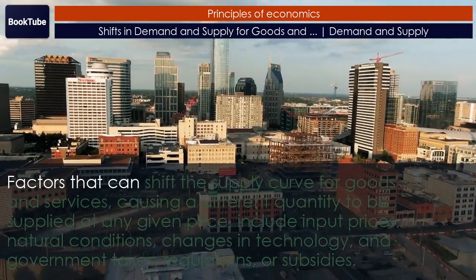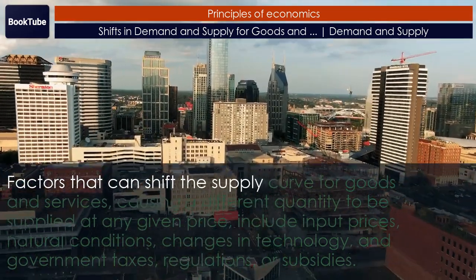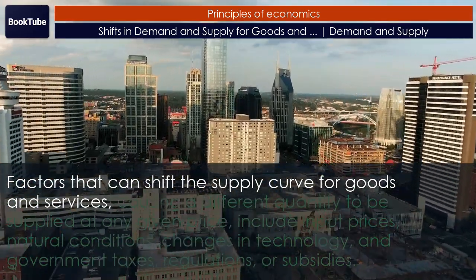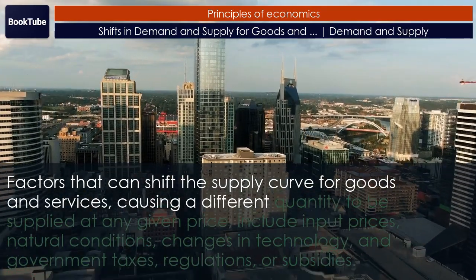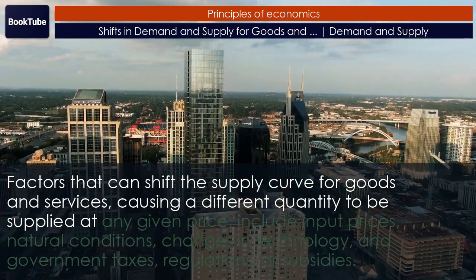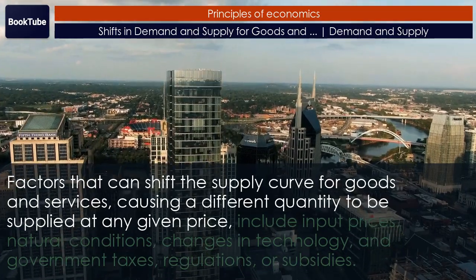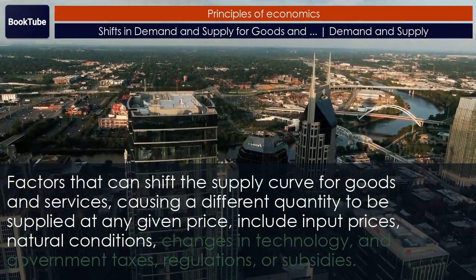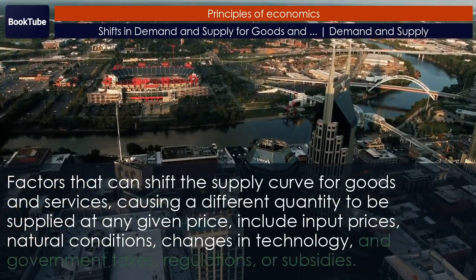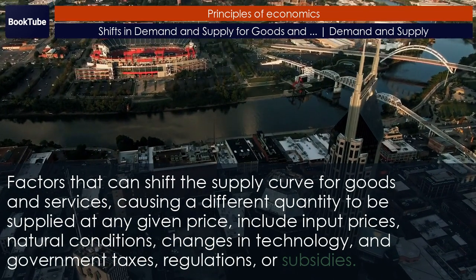Factors that can shift the supply curve for goods and services, causing a different quantity to be supplied at any given price, include input prices, natural conditions, changes in technology, and government taxes, regulations, or subsidies.